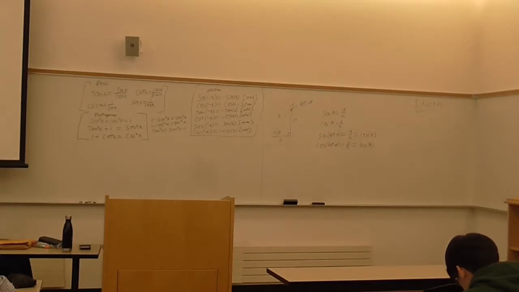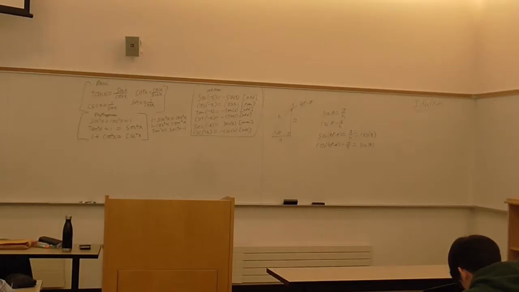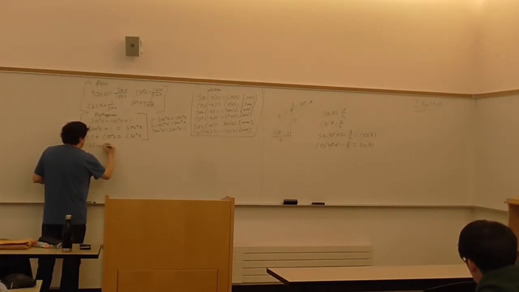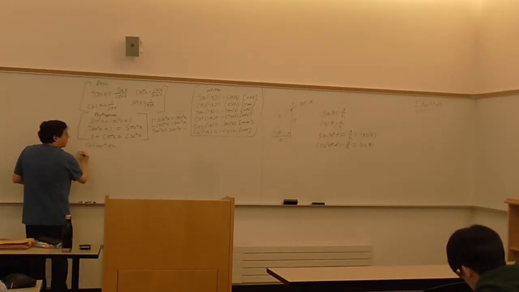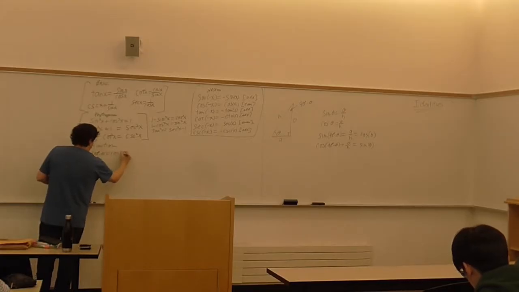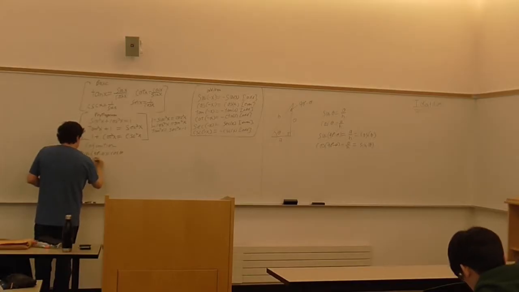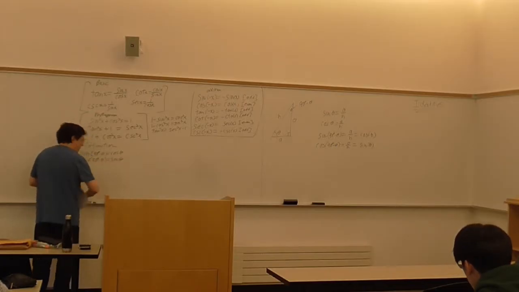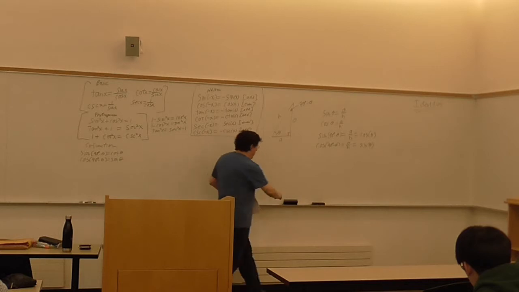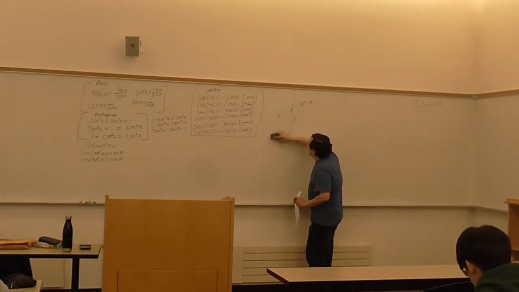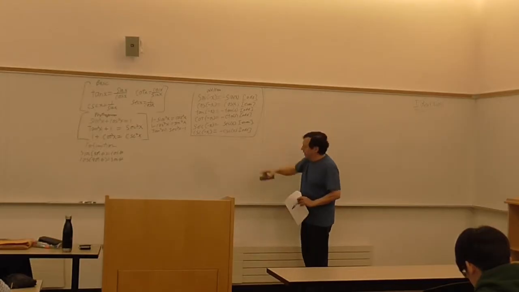So these are our basic cofunction identities. Sine of 90 minus theta is cosine of theta. Cosine of 90 minus theta is sine of theta. And of course there are four other such relations we can derive just using these identities.